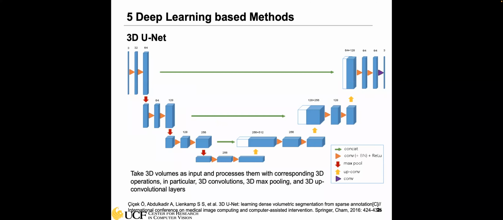Obviously you can still use the 2D U-Net and apply it to those 3D volumes, processing them one slice at a time. Take the first slice, apply the 2D U-Net, get the segmentation, then go to the next slice, apply the 2D U-Net, get the segmentation.